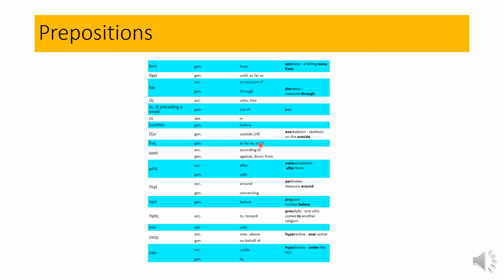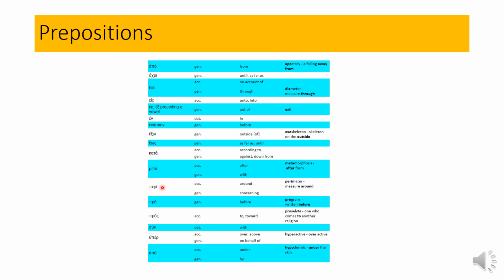The preposition kata can be used with two different cases in Greek, accusative or genitive, and will be translated according to or against or down from. The preposition meta is also used with two cases in Greek. If the preposition meta is followed by an accusative noun, it's translated after. If it is followed by a genitive noun, it's translated with.